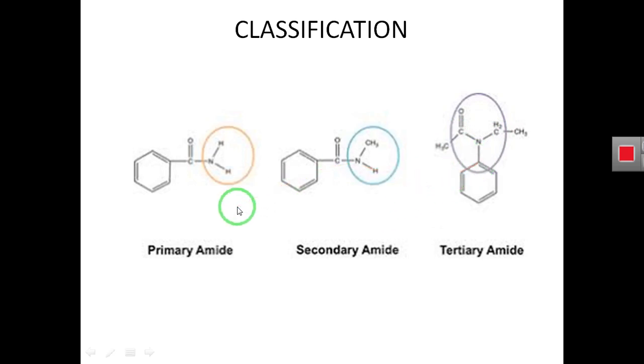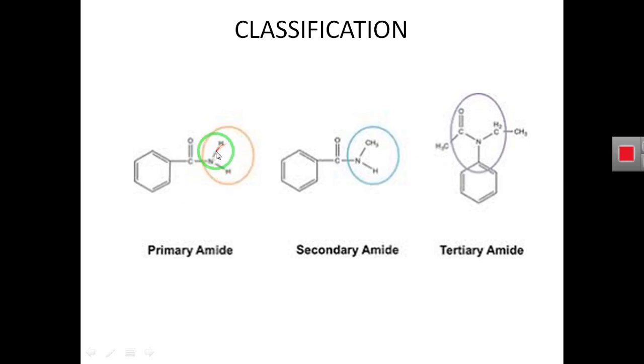So you just have to remember this, that amides are classified on the basis of the carbon atoms that would be attached to the nitrogen atom of the amine group. So this is an NH2 group, this N having two hydrogens, an amine group.